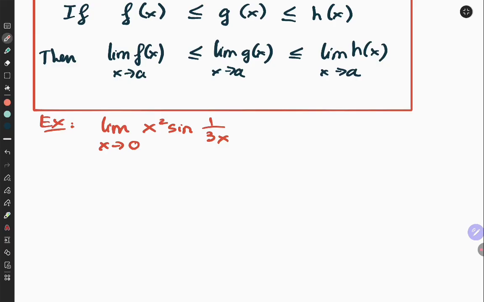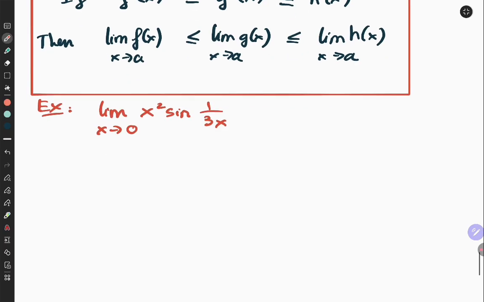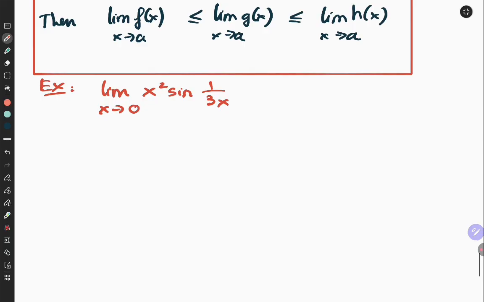So what do we do? We utilize the idea of sine. Here's the solution. We utilize the idea that sine of whatever the angle is lies between negative 1 and 1.